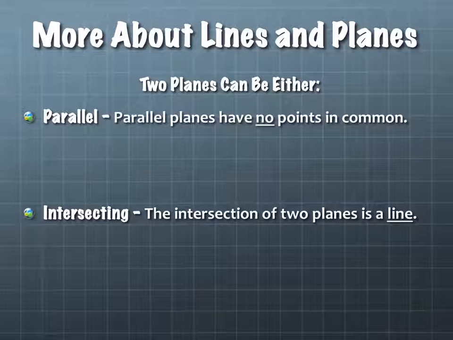Intersecting planes cross one another, and they cross in a line. An easy visual is the ceiling and one of our walls. They intersect right along the top corner of our room, from one corner to the other, and if extended, it would be a line in both directions.